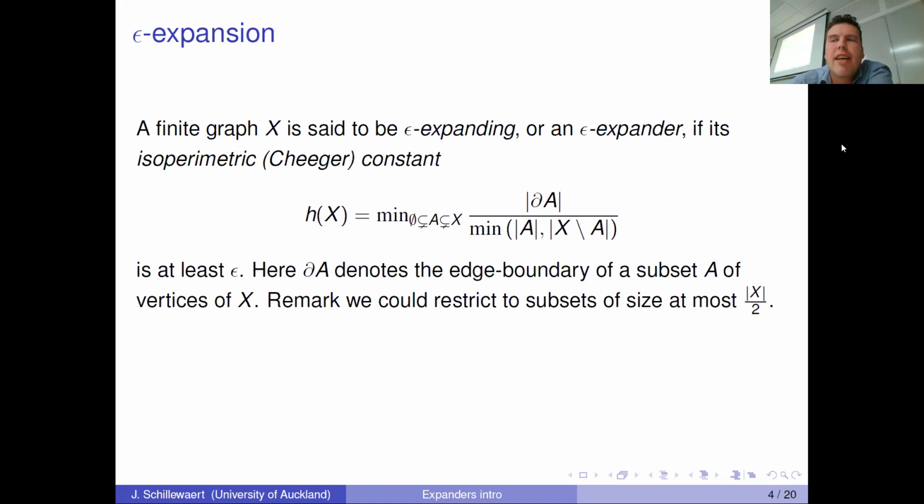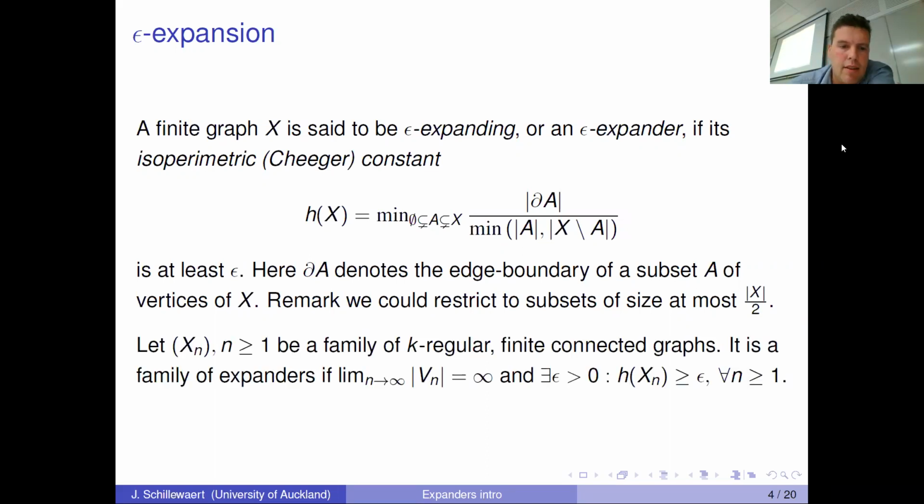I just need to take epsilon small enough. If I take epsilon smaller than 2 over the size of X or something, then it will always work. So that doesn't make sense. The whole point is that you can look at a family where the family becomes larger and larger, and epsilon remains the same. That is the art. So that's why we need to talk about a family of expanders.